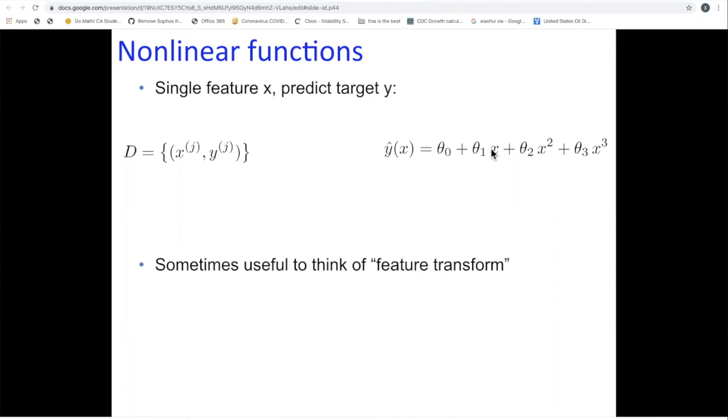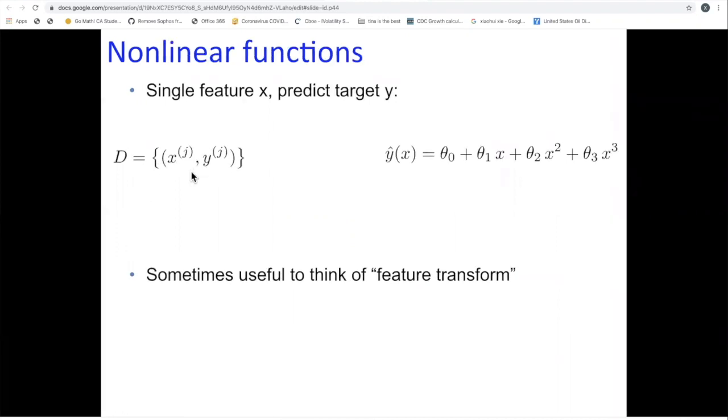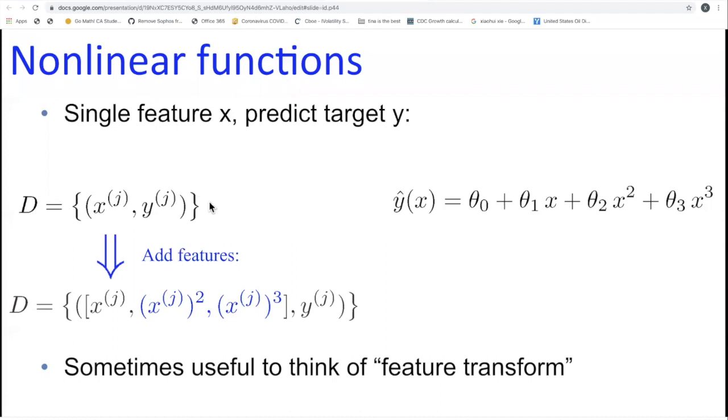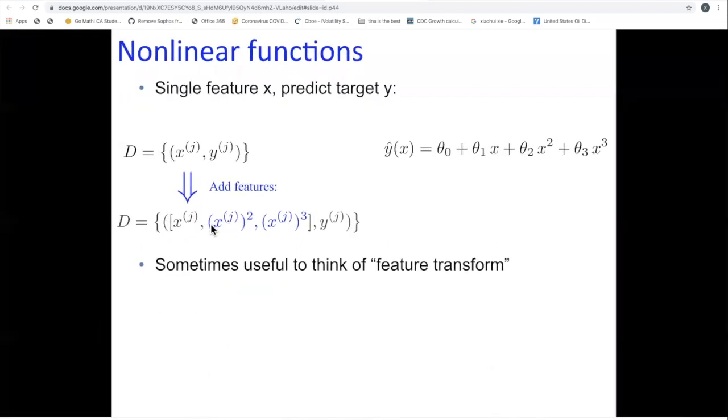The way you can do it is the following. Suppose your input data set is pairs of X and Y. On the left side, you can augment your features to include quadratic and cubic features. Suppose X is one-dimensional. Instead of using X alone, you can also use X squared and X cubic as two additional features.